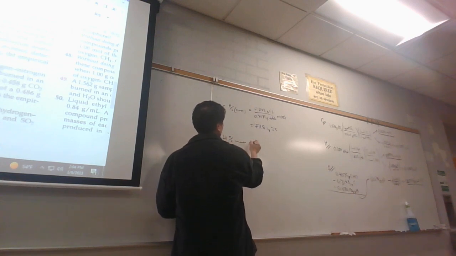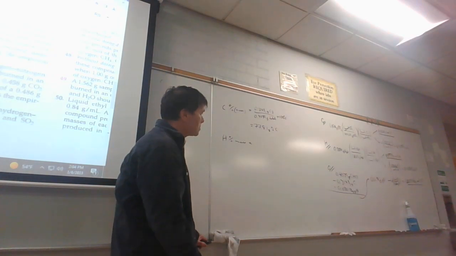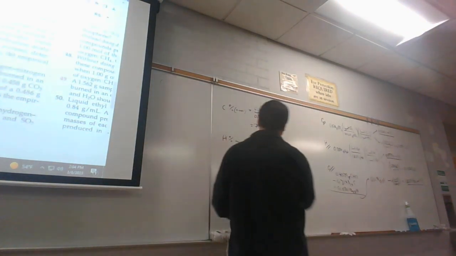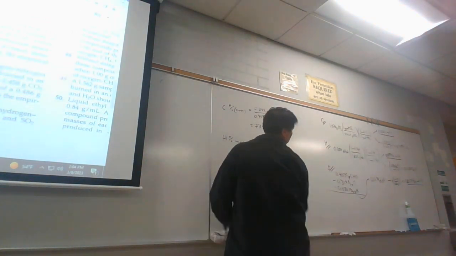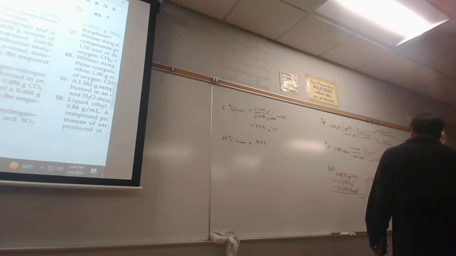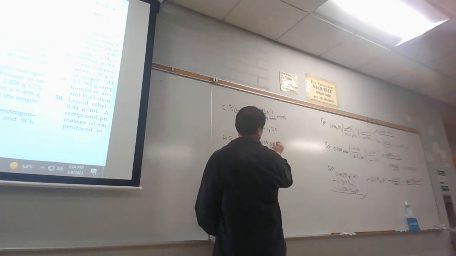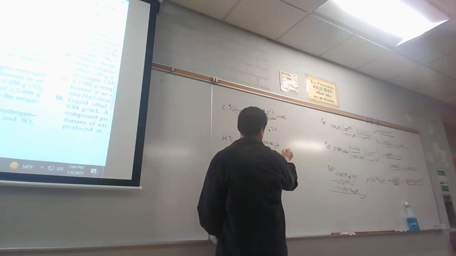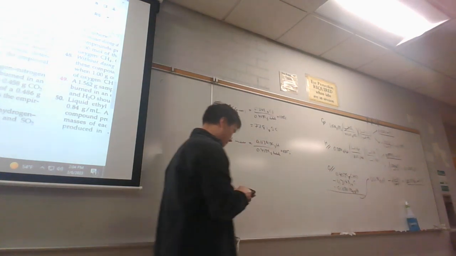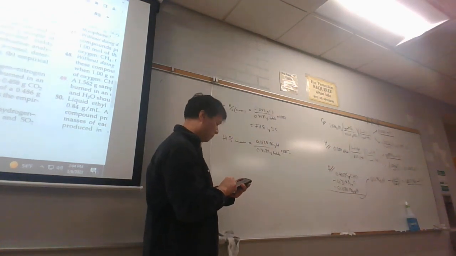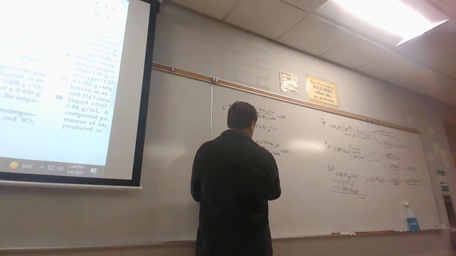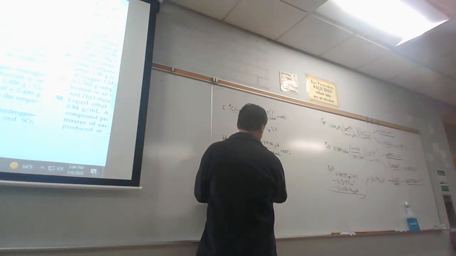And we'll look at the hydrogen percent by mass: 0.030139 grams of hydrogen, 0.4039 grams total, times 100%, gives 7.4619% hydrogen.